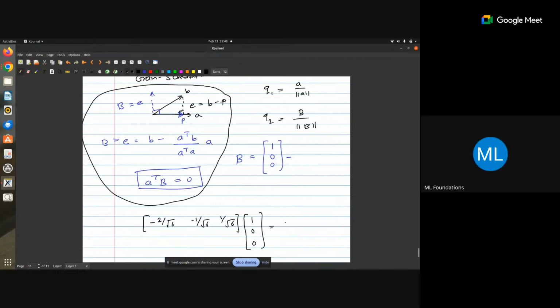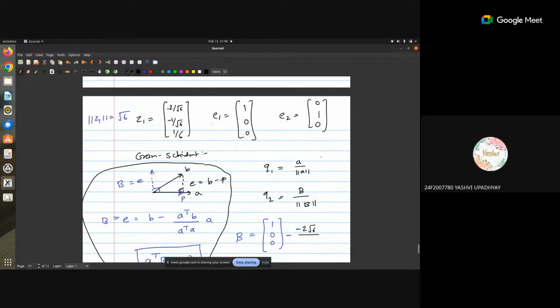So basically it is minus 2 by root 6. Here it will be minus 2 by root 6 in the numerator. What will be the denominator? Root 6, since A is our Z1. Okay, so it will be root 6.